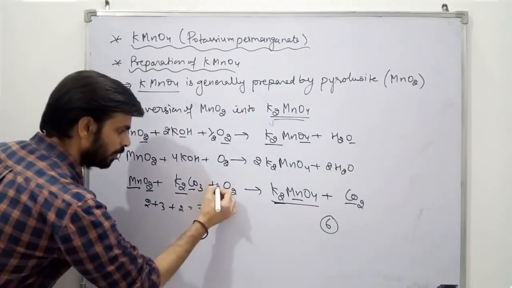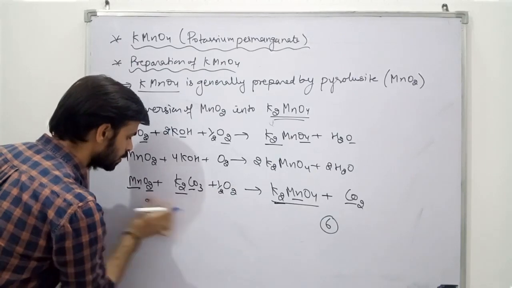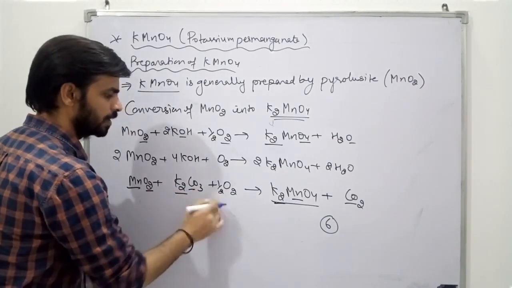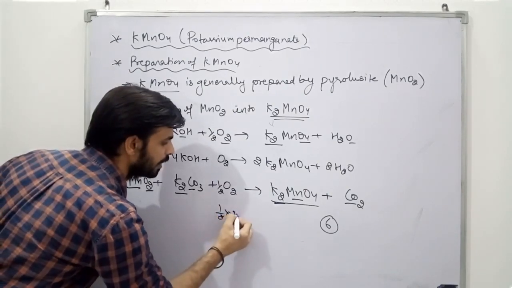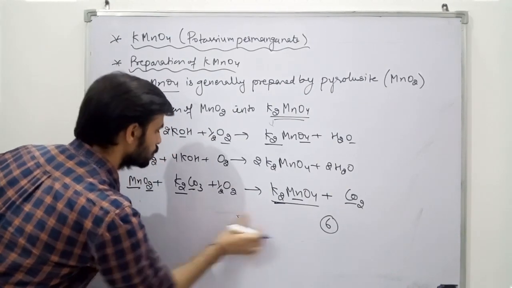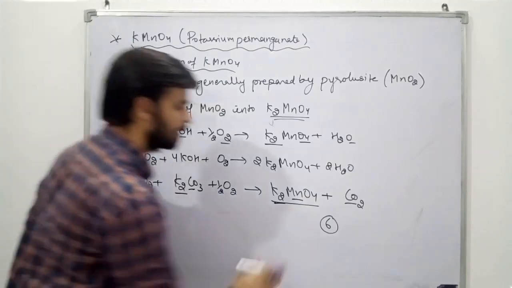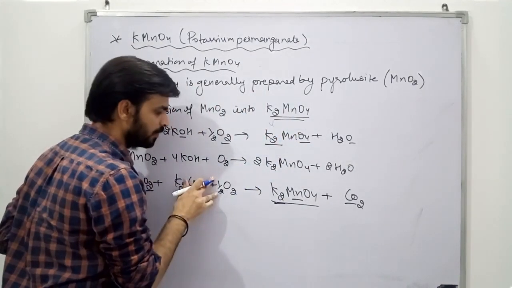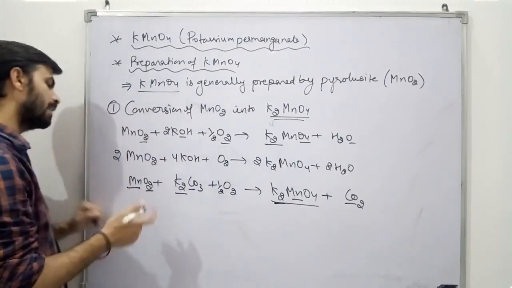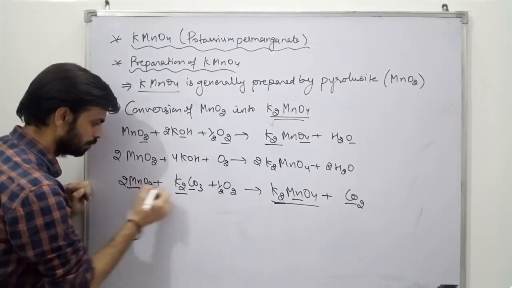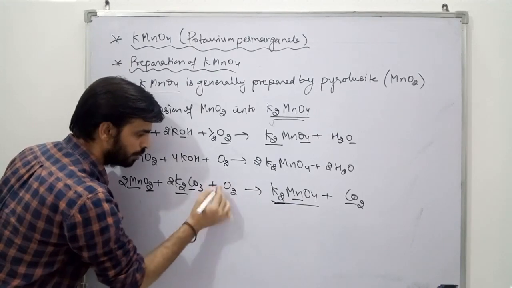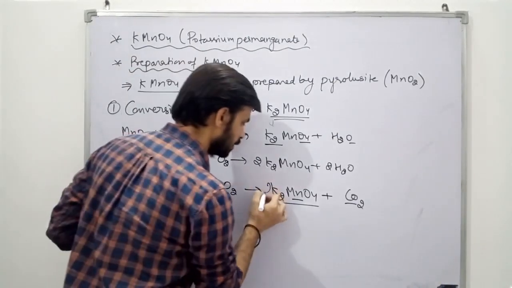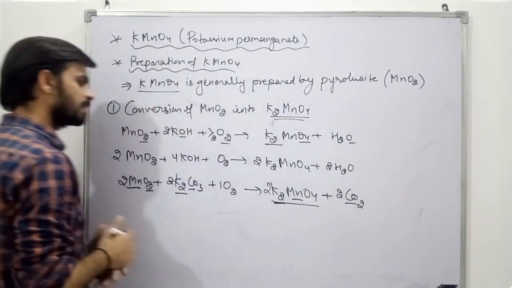If I multiply this oxygen by half, then 2 plus 3 is 5, plus 1, because half into 2 equals 1, so we have 6 oxygen. Again, we cannot have a fraction in a balanced equation, so multiply the equation by 2. Half multiplied by 2 gives 1, and then 2. This is a balanced equation.